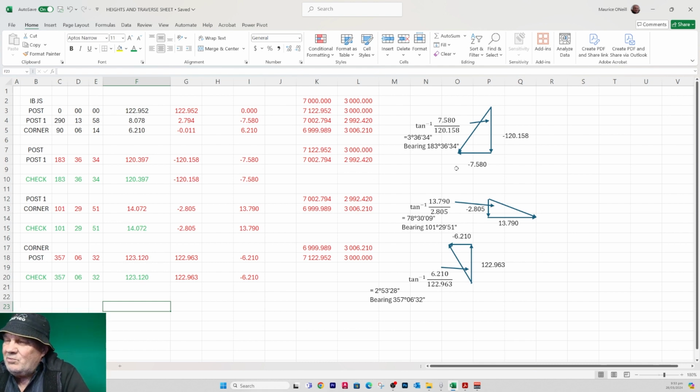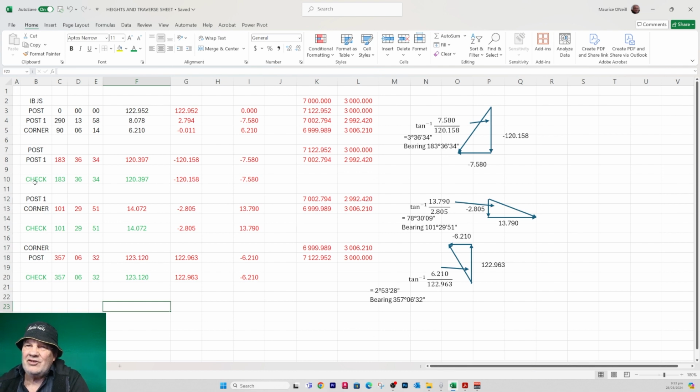So for the purposes of this exercise, I have done it on my calculator there. So I just tan to the negative 1, 7.58 over 120.158 gives us an angle of 3 degrees 36, which we can see this is 180 here, so 183, 36, 34. I've calculated that by Pythagoras, and so that's all calculated, and that's there.